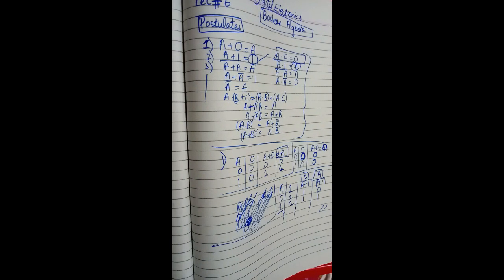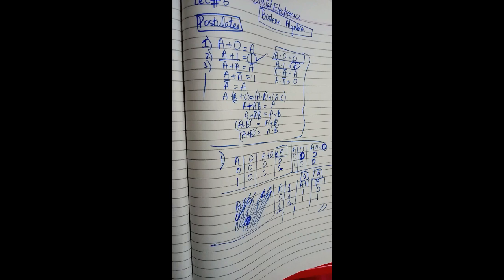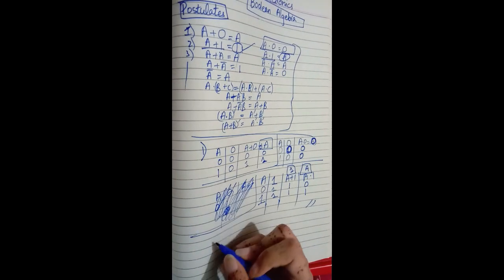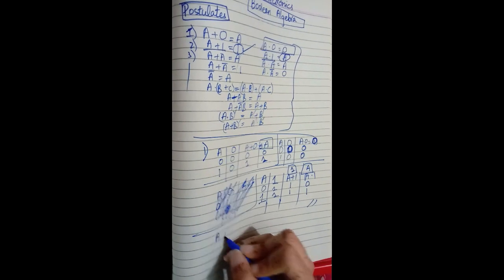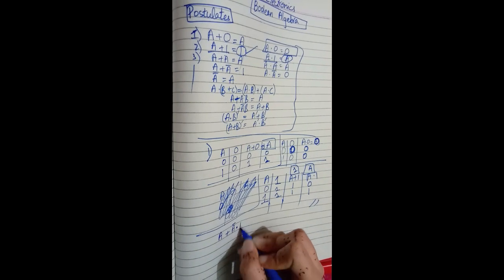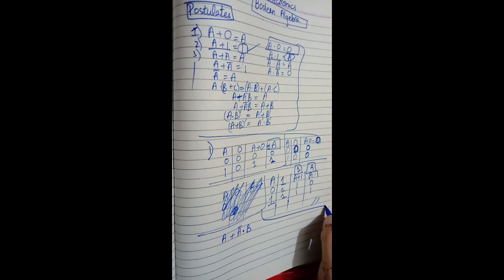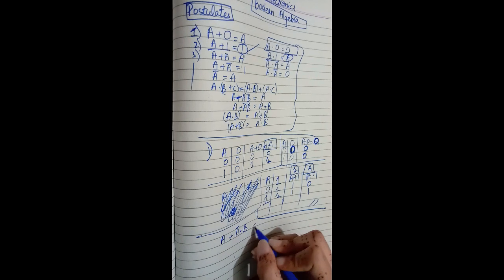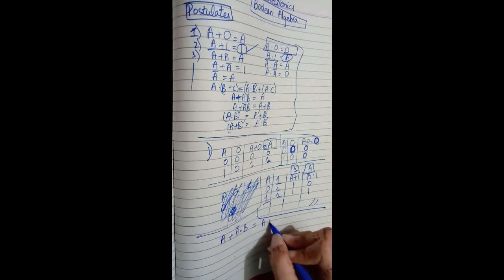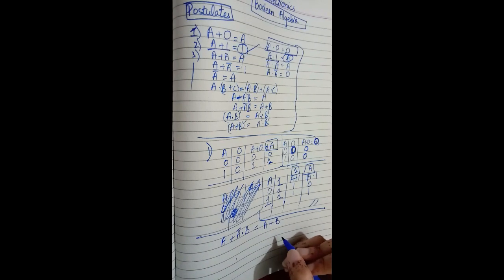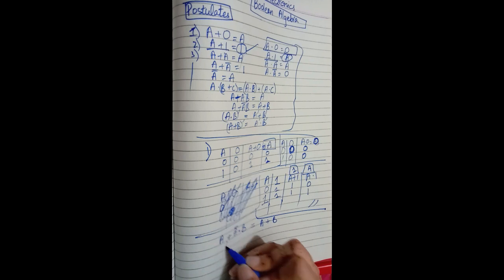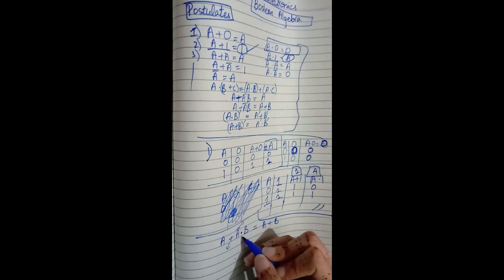Now we will see one example of why we are studying the postulates in Boolean algebra. We will take the example A plus A bar dot B. Now we will simplify it, and we can write it as A plus B. In this we have three gates which we are using: OR, NOT, AND.